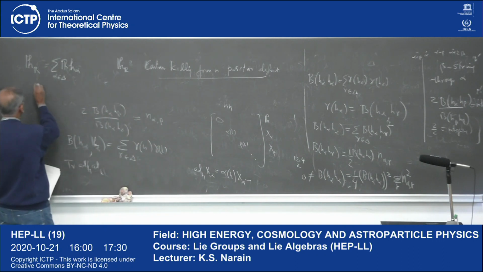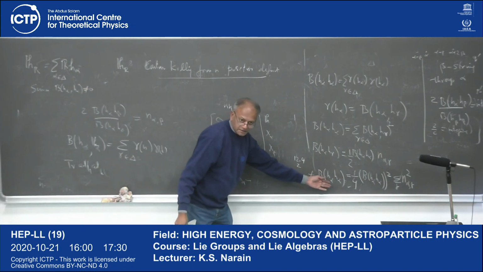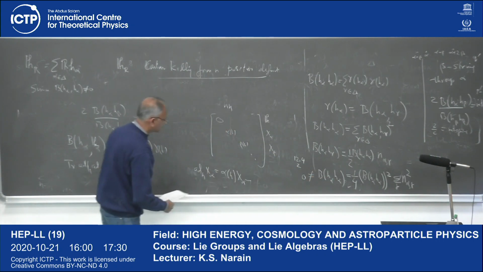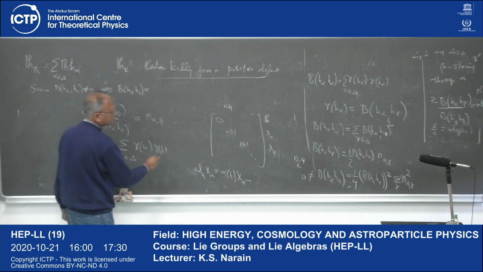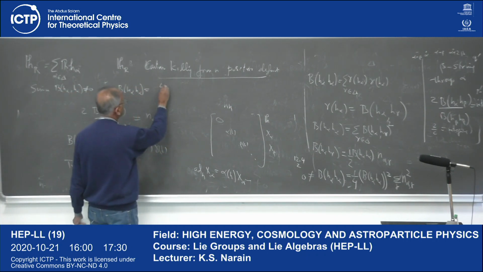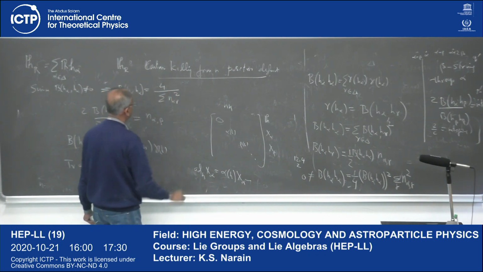Since B(h alpha, h alpha) is not 0, I can divide by it. So we find that B(h alpha, h alpha) is equal to 4 divided by the sum over n alpha gamma squared.